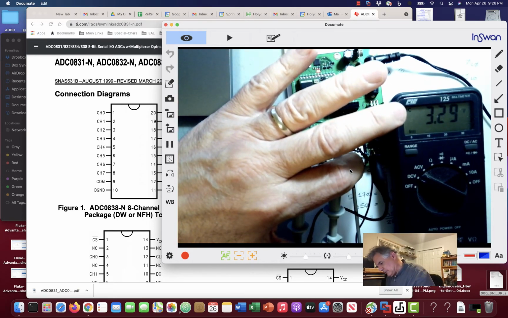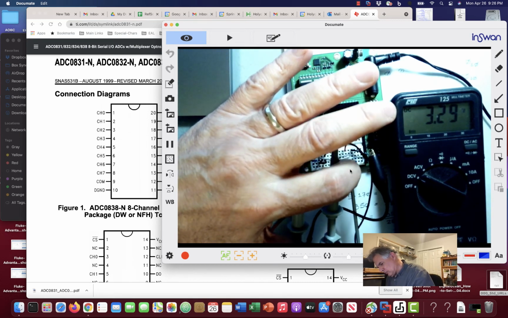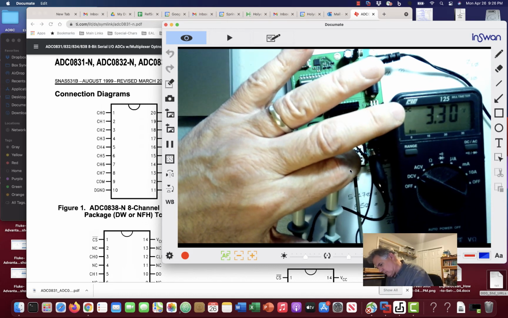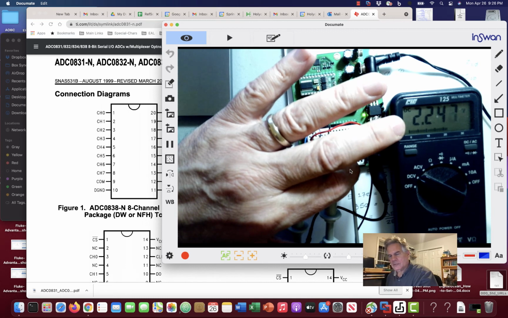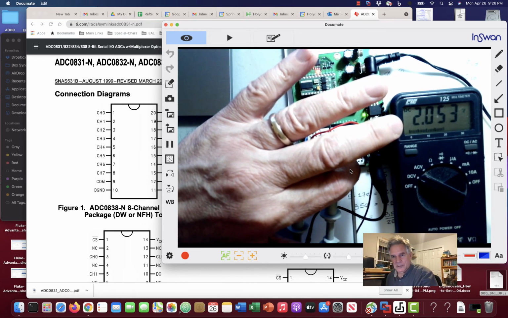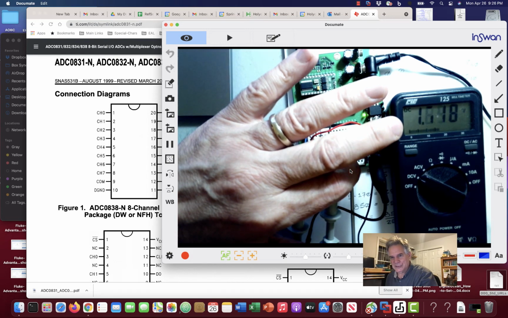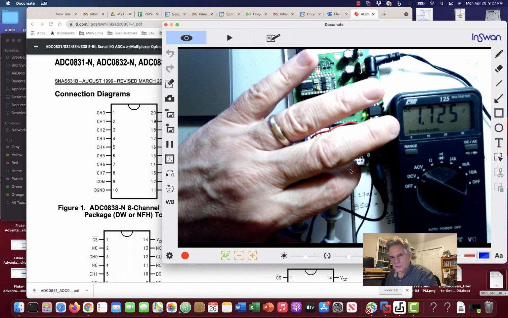So let's try something below 2.5. Let's try something around, I think, 1. I don't know. I was going to try something like 1.666. Oh, no. Oh, screw it. 1 point.